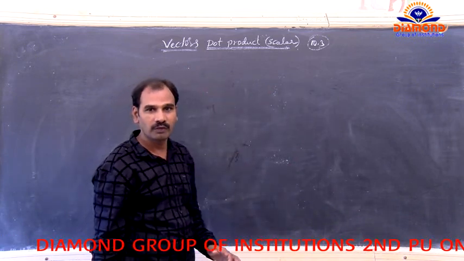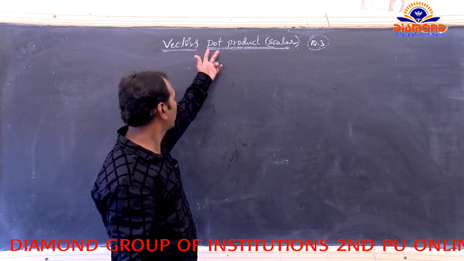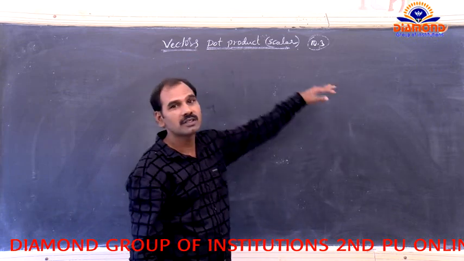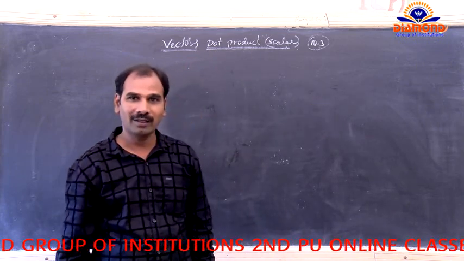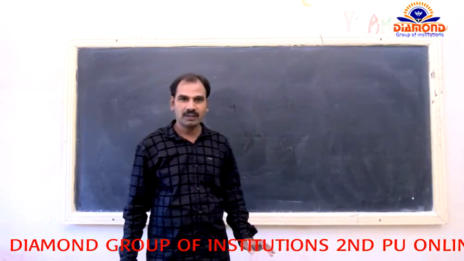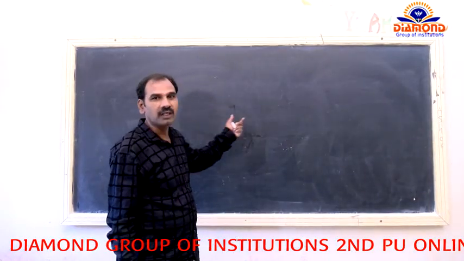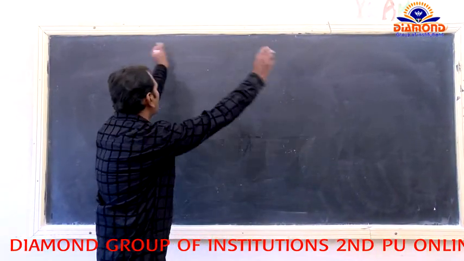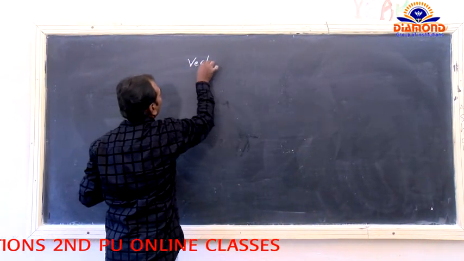So today we calculate the dot product, afterwards the cross product. Are you enjoying the class? We discuss the product of vectors.